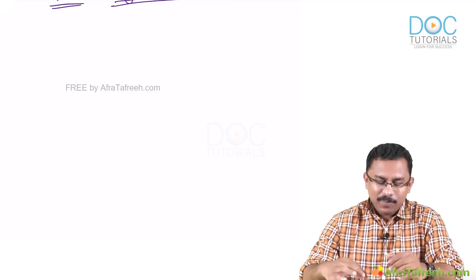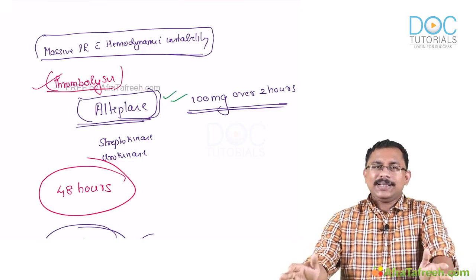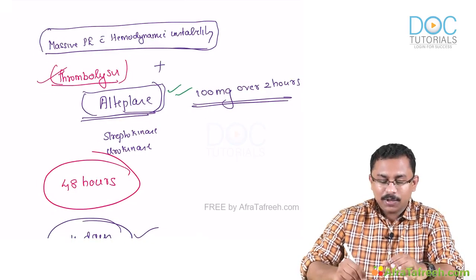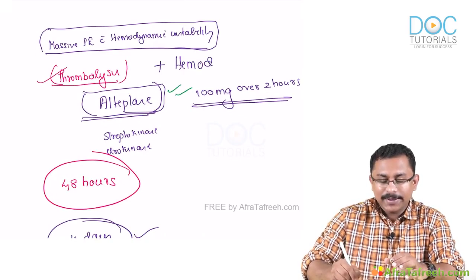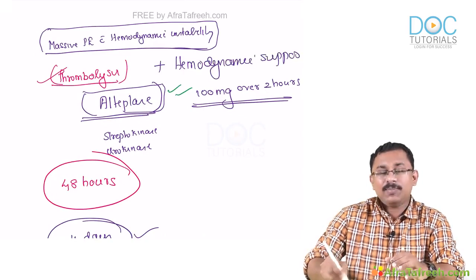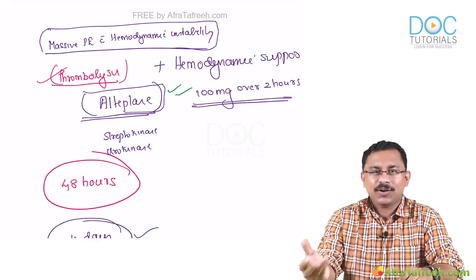So the summary of the treatment of pulmonary embolism is that in acute massive pulmonary embolism, you thrombolyze as a high priority. But remember, along with the thrombolysis, it is very important to have hemodynamic support also, because do not just thrombolyze and keep waiting for the blood pressure to improve. You have got to give your inotropes if required.